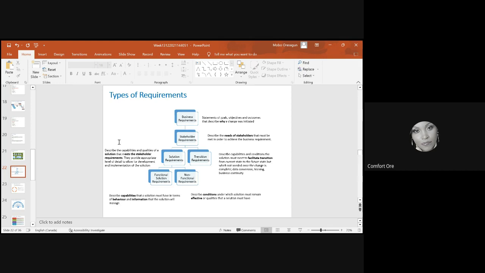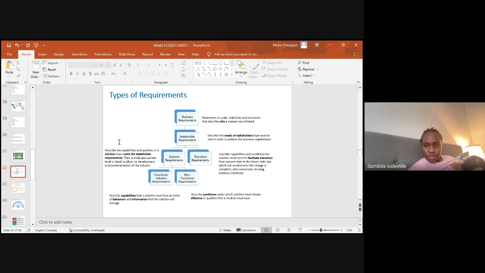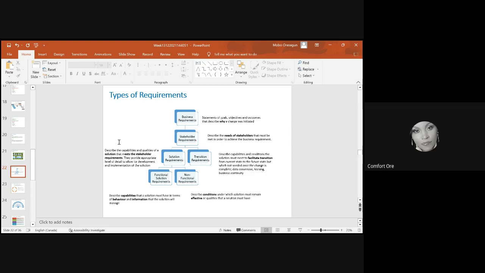Now, we said that stakeholders can be either internal or external, right? Okay, great. So it will describe the needs. Don't forget we also said that out of the externals, it can be regulatory bodies, and it can be customers.